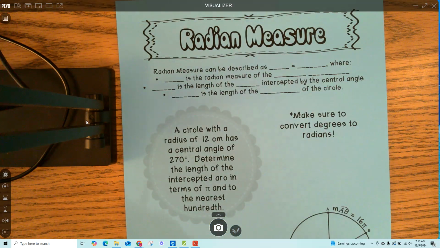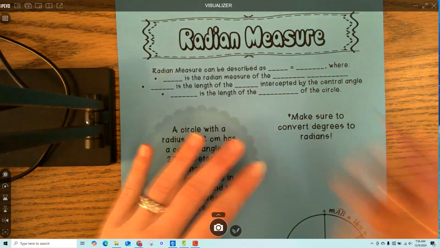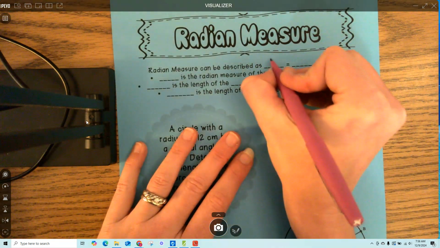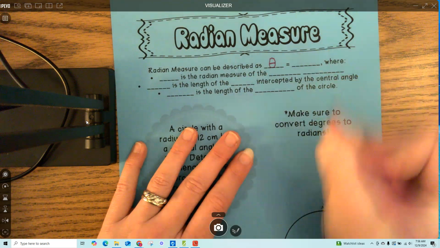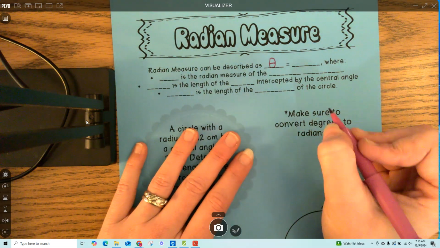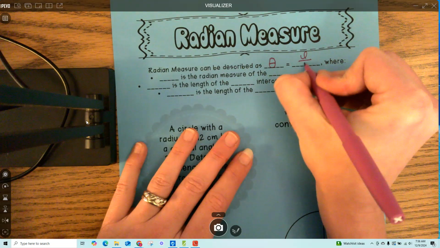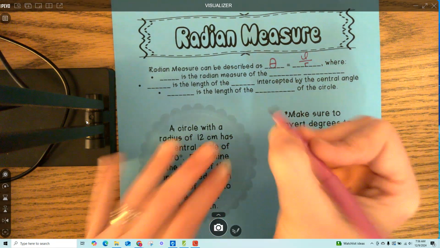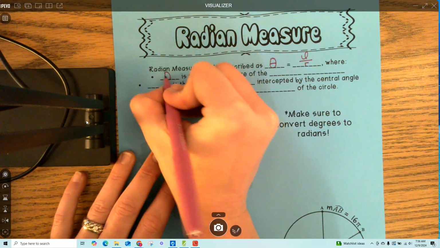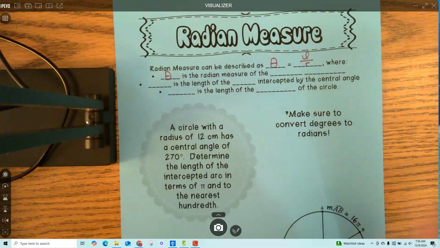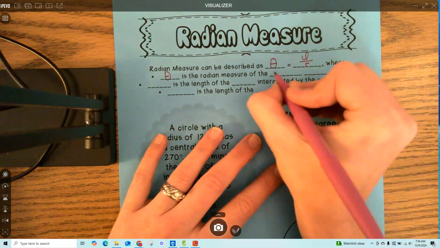All right, so radian measure is another way that we can measure angles. Radian measure can be described as theta, which looks like a 0 with a line through it, and theta equals L over R. Theta is the radian measure of the central angle, which is what we're looking for.